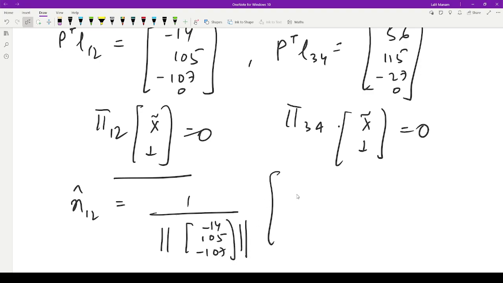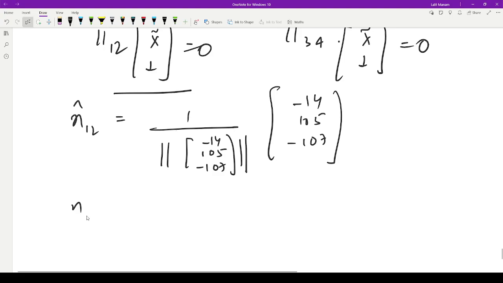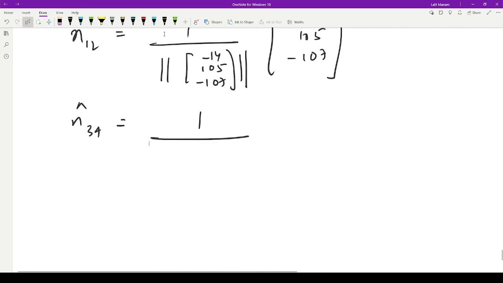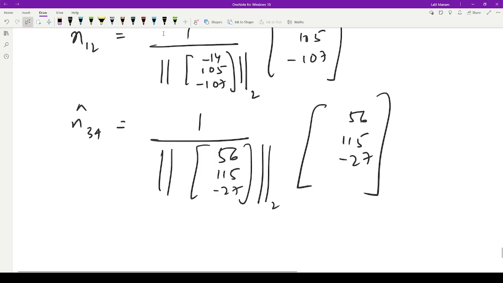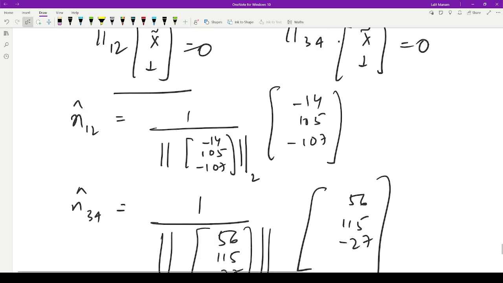If we take the norm of this, and similarly for n34, so it's just the Euclidean norm that you generally take. 56, okay. So given these two normal vectors, how do we compute the angle between two vectors?